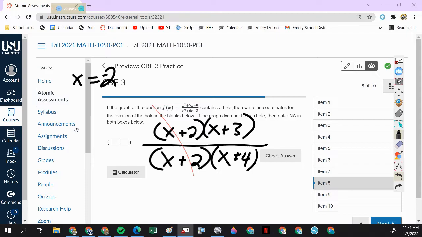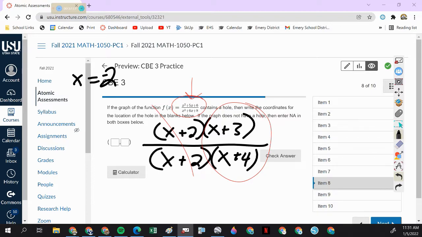Well, the only difference between this graph and this graph is that in the simplified equation, the hole has been filled. That's the only difference. In fact, if you graph this on your calculator, you won't see a hole. Your calculator is not programmed to show you a hole visually.